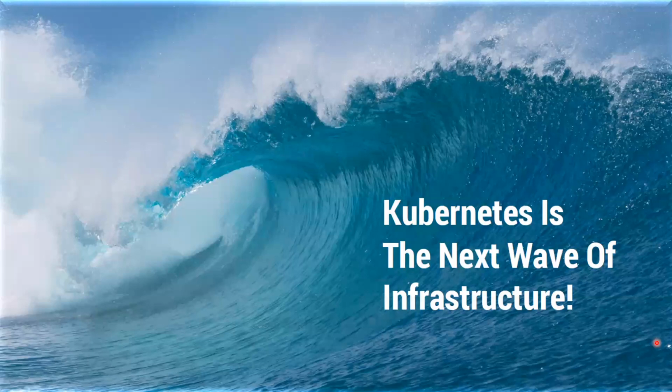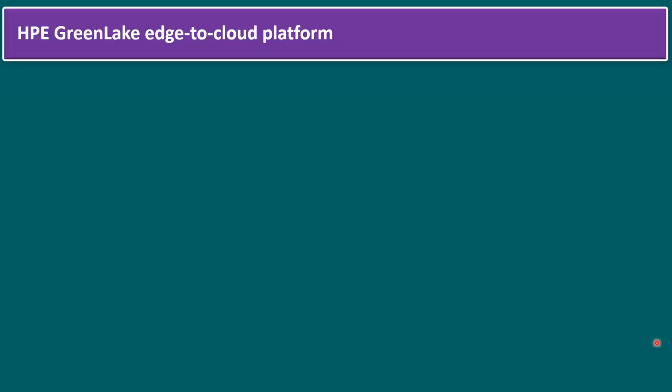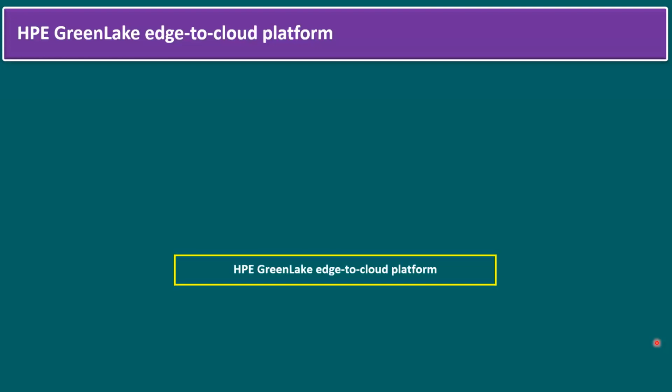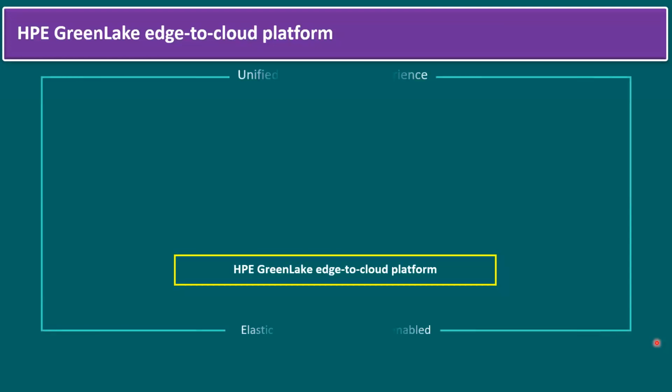So before talking about container as a service, let's quickly recap the HPE GreenLake Edge to cloud platform. Within our Edge to cloud platform, this is a unified cloud services experience, and it can be elastic and open to any on-premises, private cloud, and hybrid cloud solutions, and partner enabled.